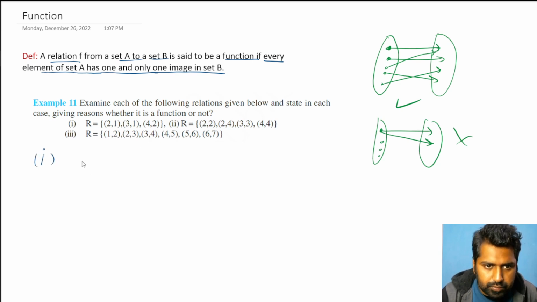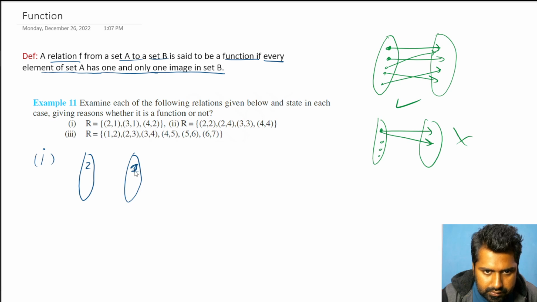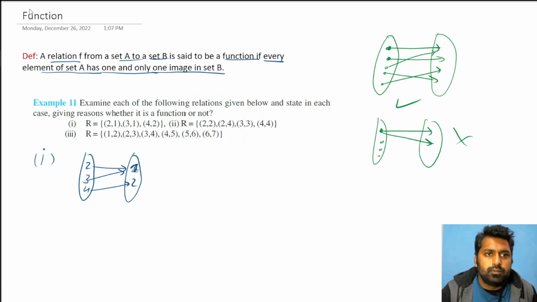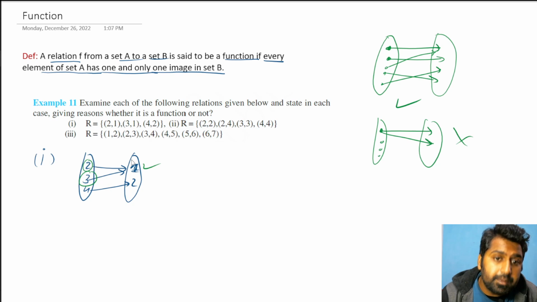First one, he's saying 2 comma 1, so 2 is being related with 1. 3 comma 1, 3 is also being related with 1. 4 comma 2, 4 is being related with 2, like this. 2 has only one image, yes. 3 has only one image, although that image is same, but still 3 has only one image, not 2 images, yes. 4 has only one image, yes.